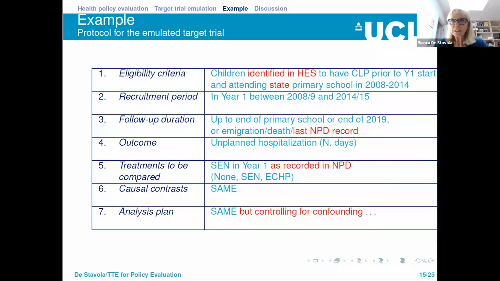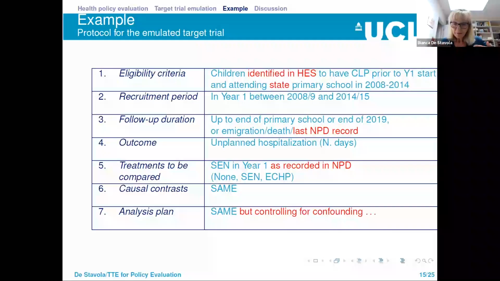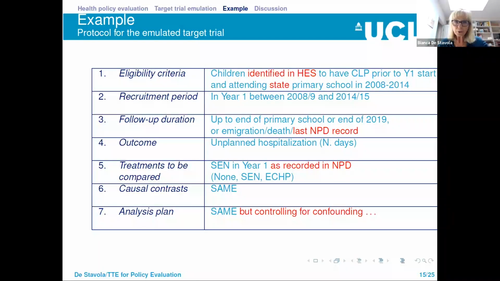So now in red, you see the difference, how the emulation occurs. First of all, earlier I wanted all children diagnosed with CLP. Now I can only say children identified in HES. This is because I'm going to use the eChild database, which I should have said earlier, is a fantastic resource which links hospital health records with school records.